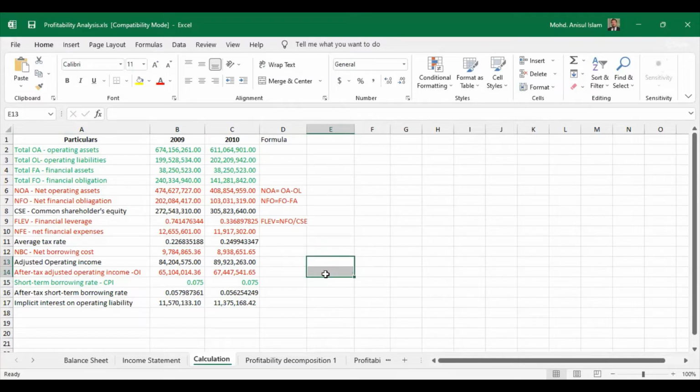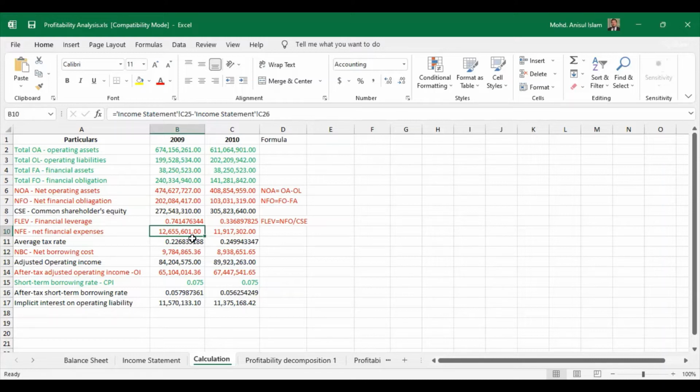Someone has asked to repeat the estimation of net borrowing cost. We have net financial expenses, and what I was stressing is that this is a before-tax net financial expense. But we know that when we have net financial expenses, we get some tax benefits or tax advantages.